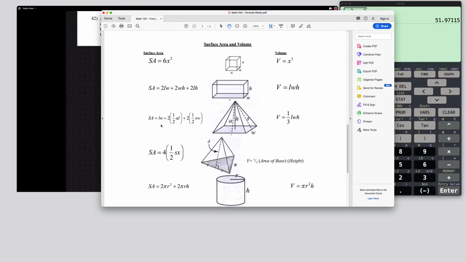L times W, that's the area of the base. And 1/2 A times L, here's A, and remember that's L, that's a triangle right there. So it's basically the area of that triangle right here multiplied by 2, because there's one on the front and one on the back.